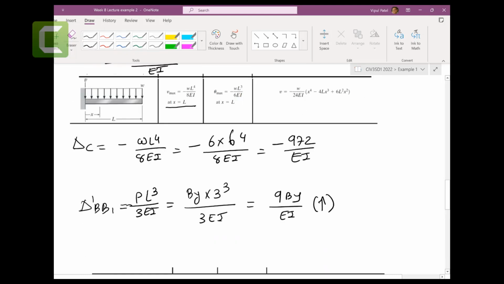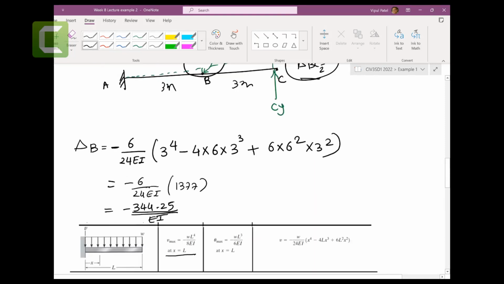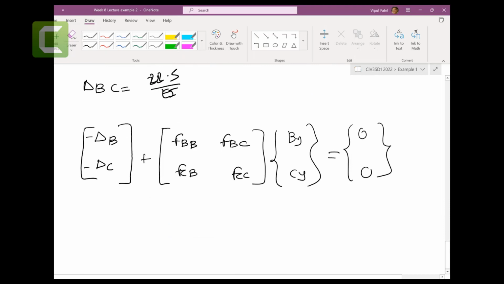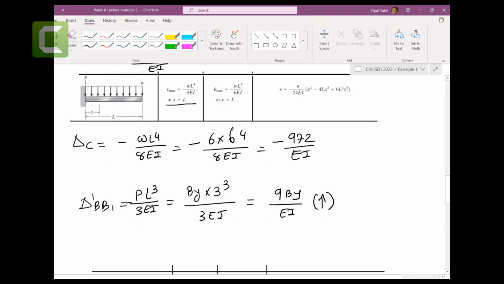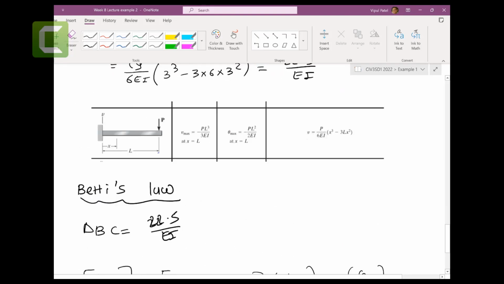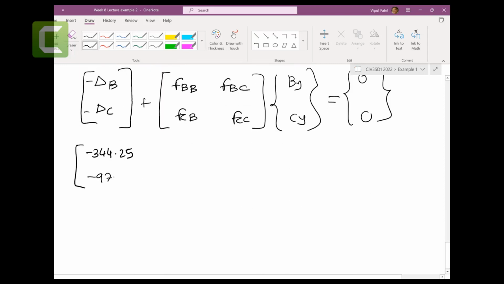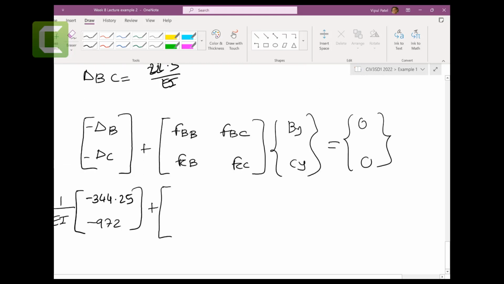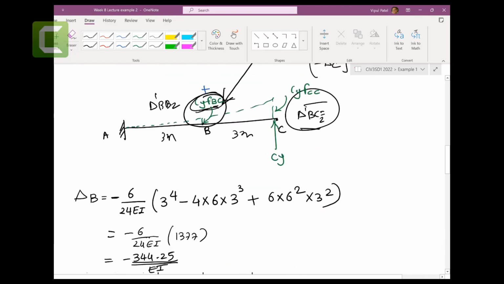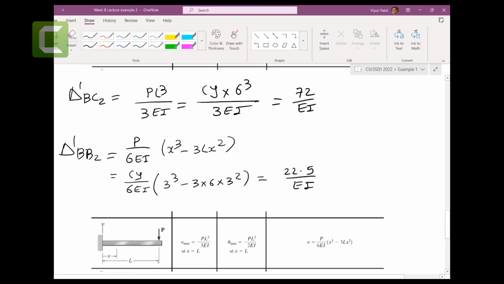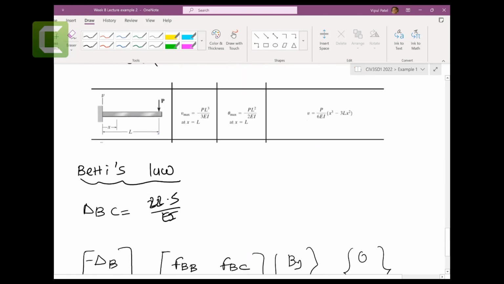Delta B we calculated as minus 344.25 over EI, and delta C is minus 972. Let's put 1 over EI outside, plus the flexibility coefficient FBB. Let me go back and check my figures.